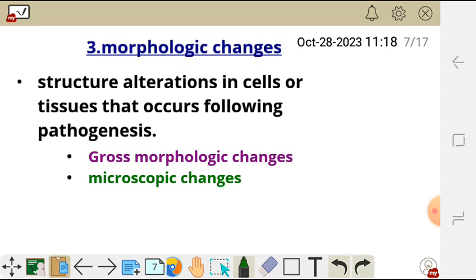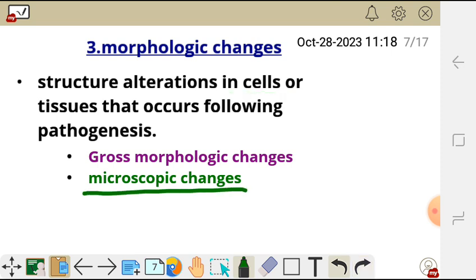And these morphologic changes can be gross morphologic changes or microscopic morphologic changes. So those morphologic changes which we are able to see with our naked eyes are what we call gross morphologic changes, and those which require the aid of a microscope for us to see the changes which have occurred in cells or tissues are called microscopic changes.